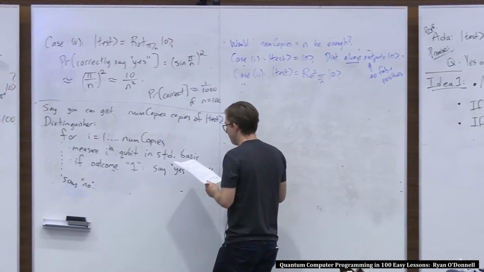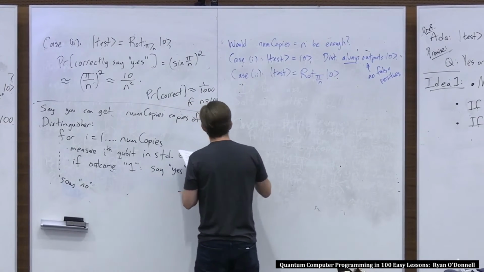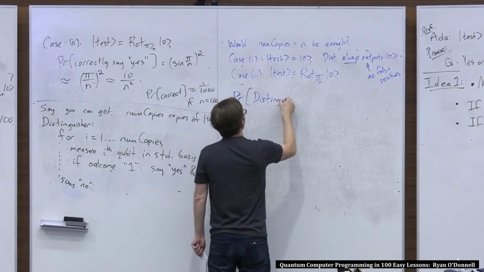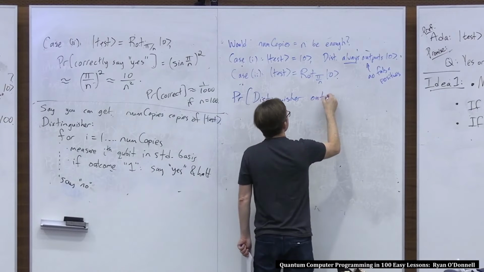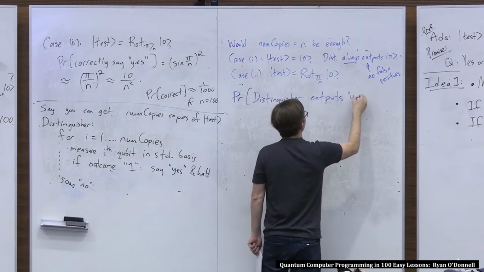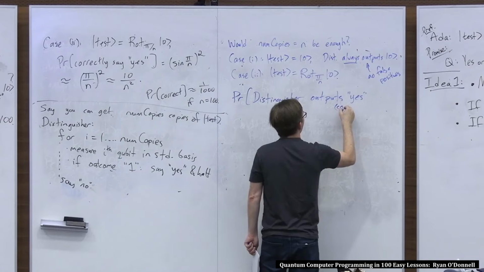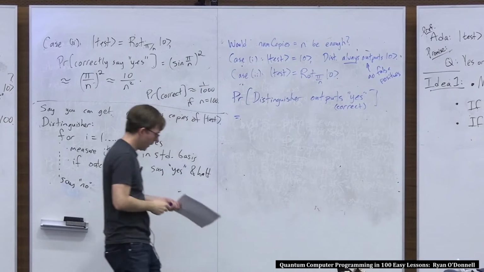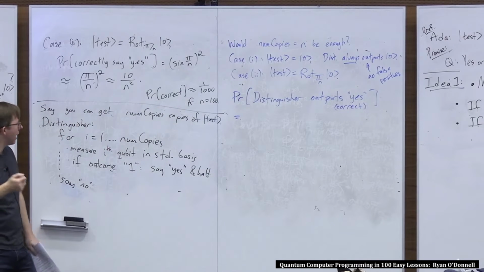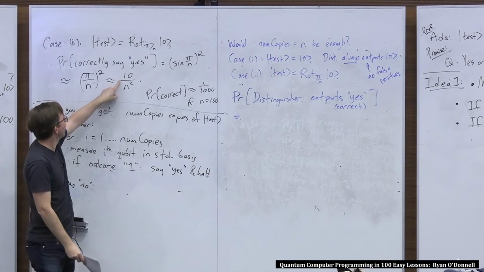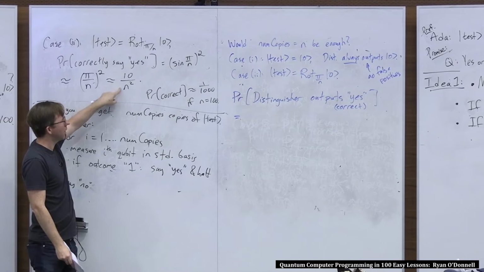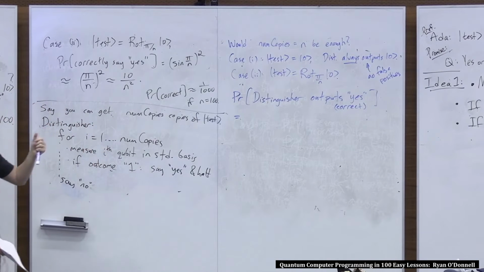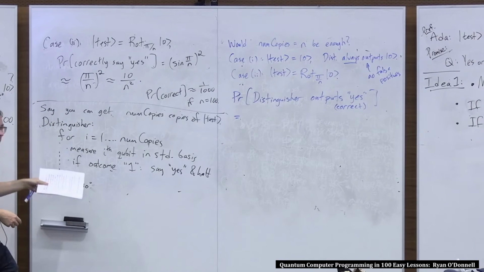So the probability that distinguisher outputs yes, which is the correct answer, is really like flipping a coin that has a 10 over n squared chance of coming up heads, and you keep flipping it hoping for heads. Are you going to get it? That's exactly what's going on here.